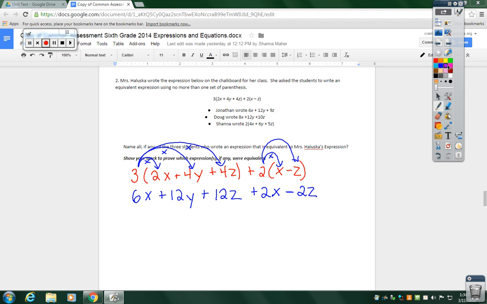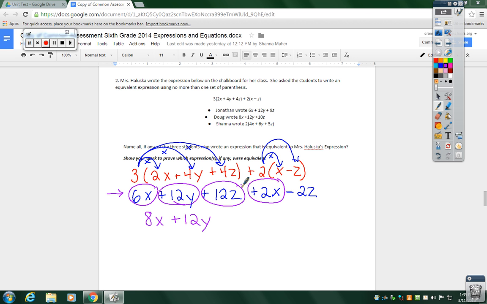I'm going to change my pen color again. Okay, this was 1 point earned on the test, if you could have at least applied the distributive property correctly and written that statement. Now you're responsible for understanding you have to combine like terms. 6x's plus another 2x's gives you 8x's. 12y's, oh, there's no more 12y's, so I'm just going to bring down that plus 12y.